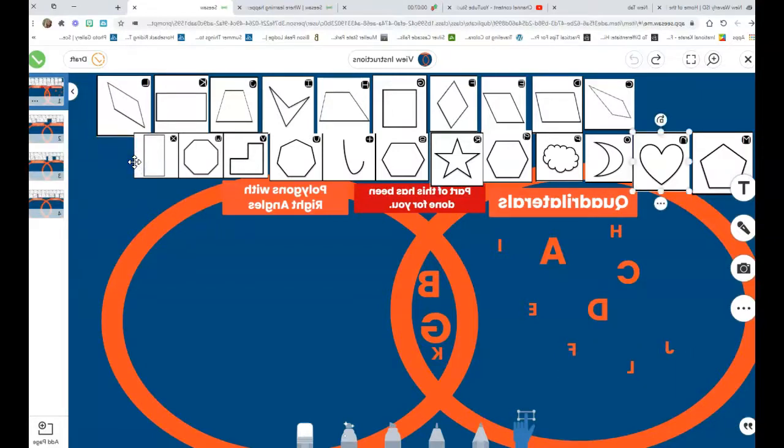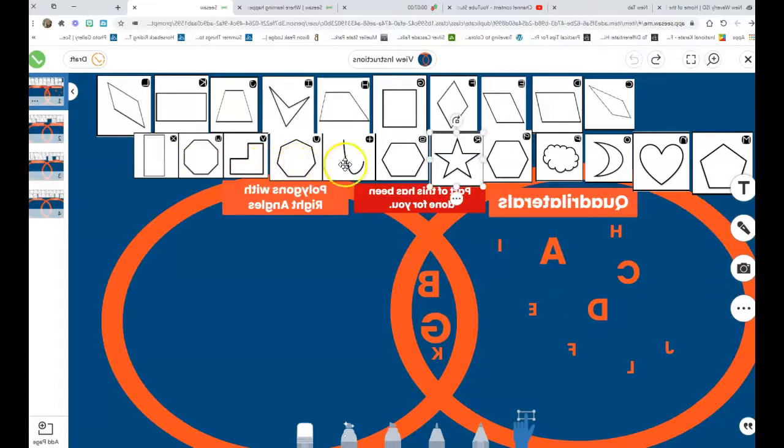N. Nothing. This is not a polygon because why? What makes a shape a polygon? Closed and straight. Good. These are not straight sides. Okay. N or O. Neither. P. Q. No right angles. Okay, good.